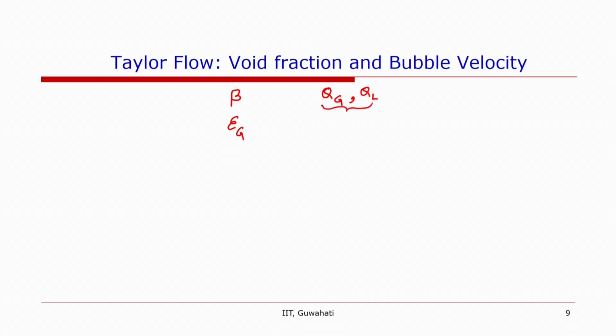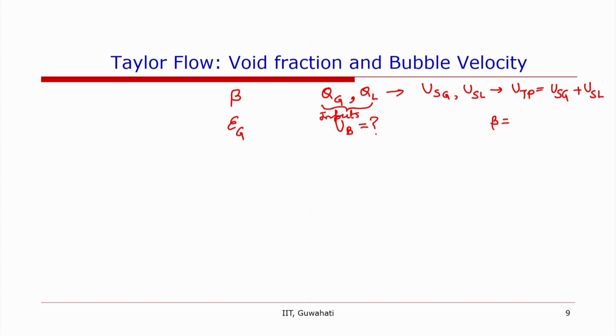So that means that we have u superficial velocity of gas and u superficial velocity of liquid, and that gives us UTP, which is equal to u superficial velocity of gas plus u superficial velocity of liquid. But if we want to find out bubble velocity, that is not known a priori. We can also find out beta very easily from the flow rates. These can be the inputs.